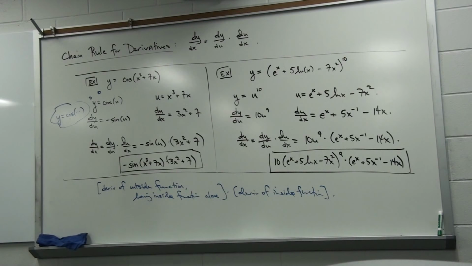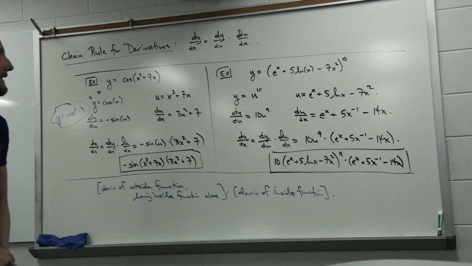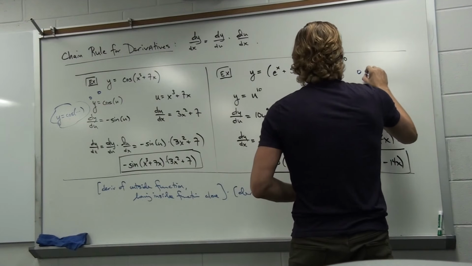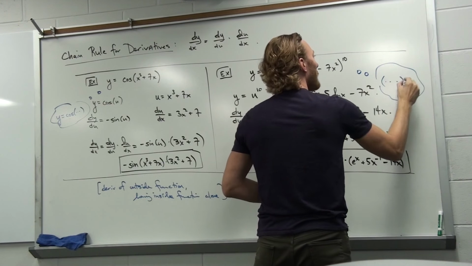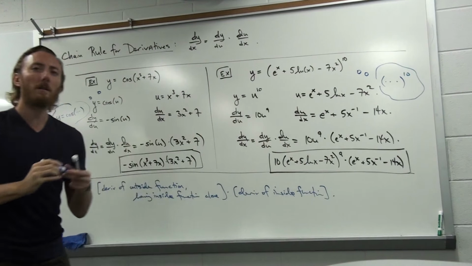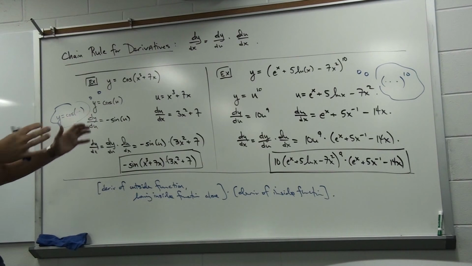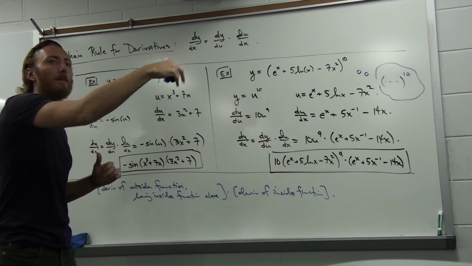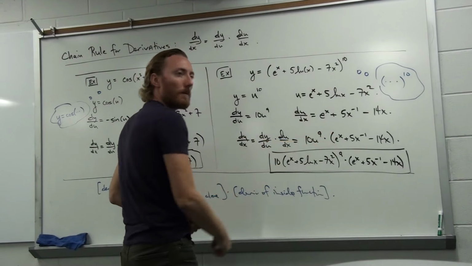But now let's look at that in context with the other example that we saw. When you look at this example for what it really is, it's really just a bunch of things raised to the 10th power. So the outside function is just something raised to the 10th power, and you know how to take the derivative of that: bring the power down, reduce the power by 1.